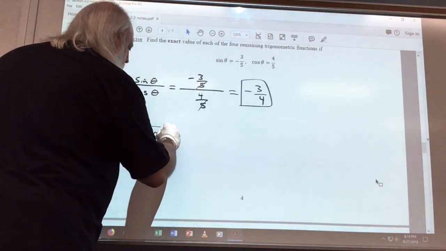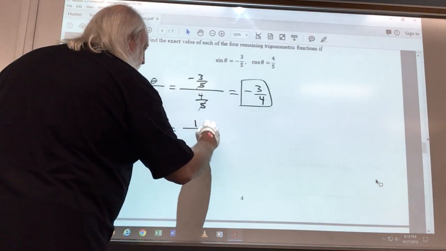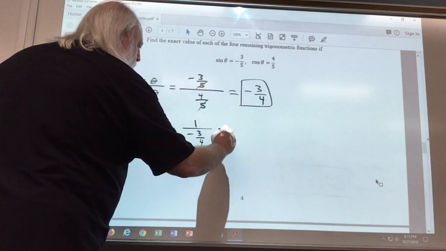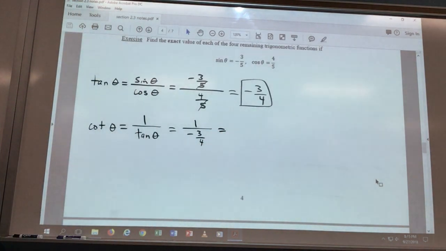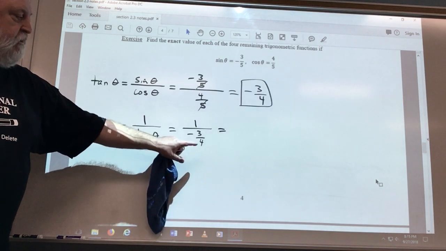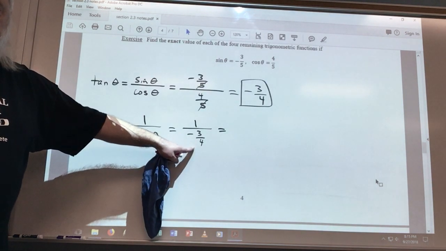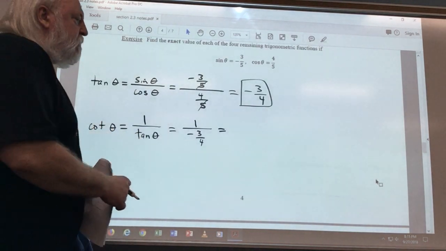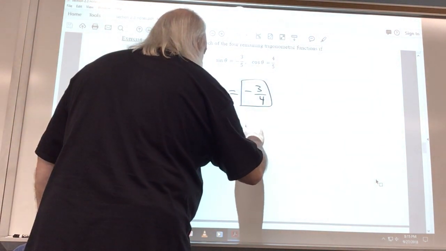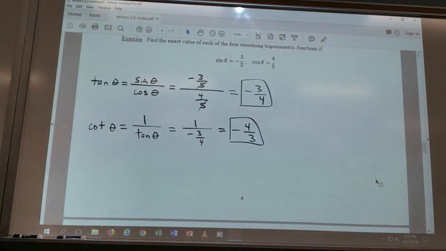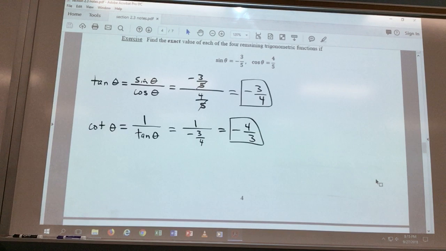Well, 1 over tangent theta in this case is 1 over minus 3/4. Dividing 1 by a fraction, the result is just the reciprocal of the fraction that you're dividing by. And the reciprocal of minus 3/4 is minus 4/3. So the cotangent of theta is equal to minus 4/3.